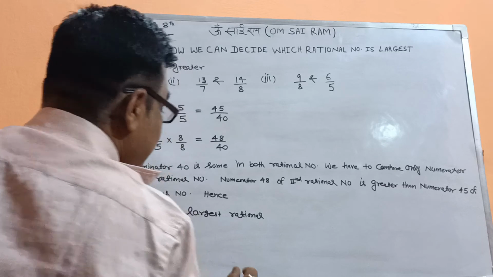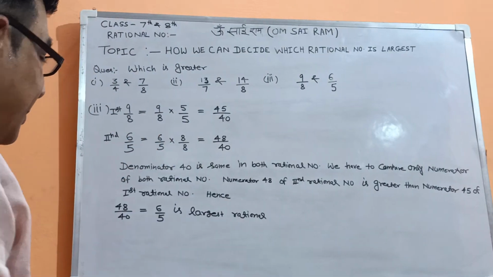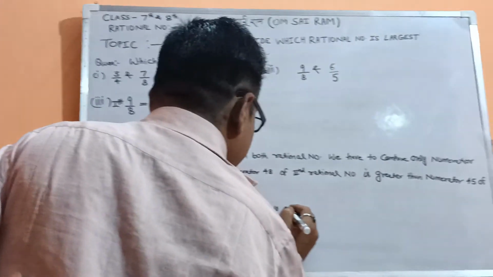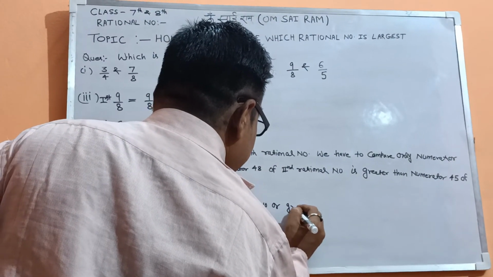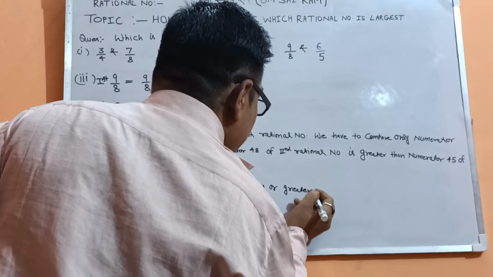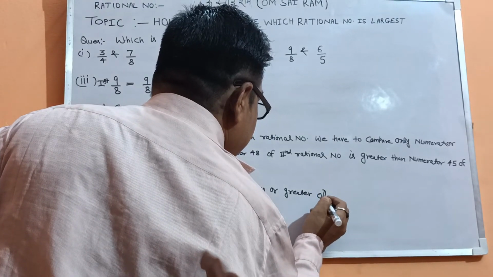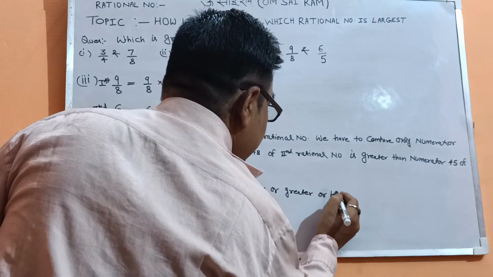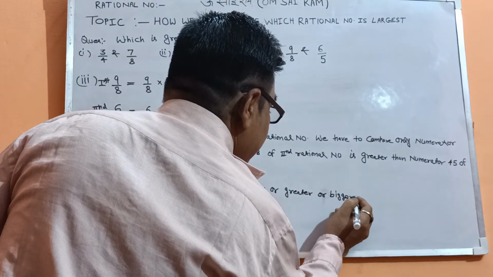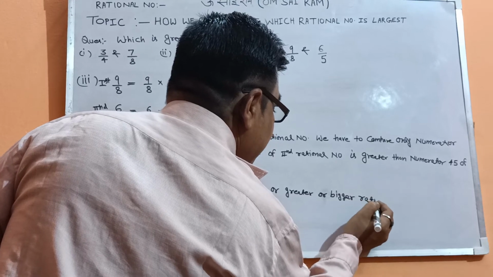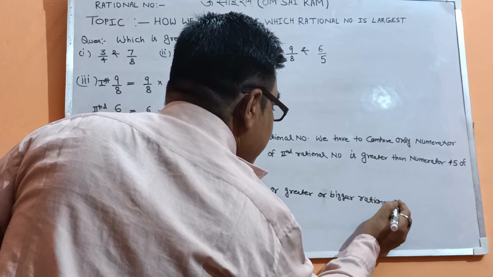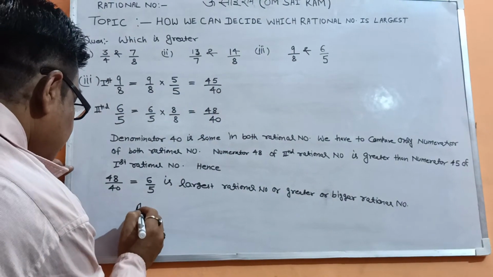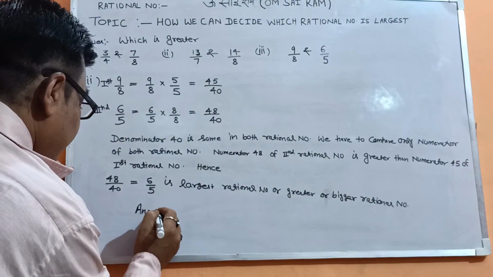Greater rational number, we can also say largest, or bigger rational number. Answer: 6/5.